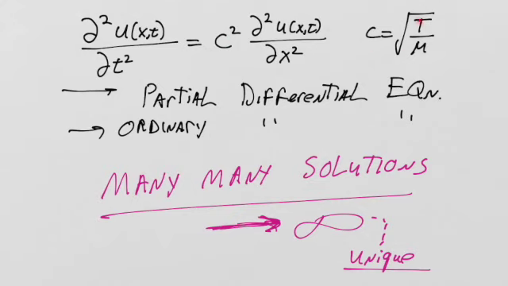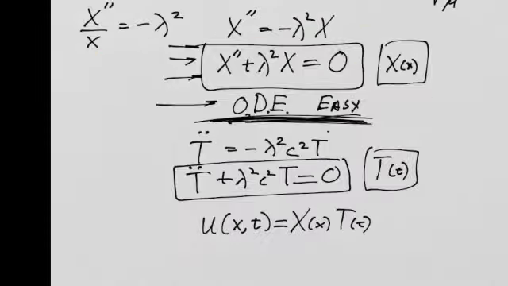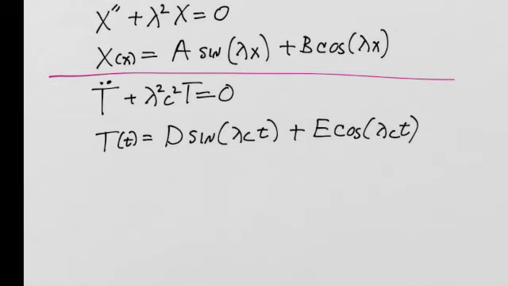I didn't need to define c as the square root of t over m and then throw a c squared here. I could just have put t over m, or just put c there. But if I had done that, then over here I would have ended up with the sine of lambda times the square root of c t, because that would have been a regular c. So to avoid all that, that's one of the reasons we define everything the way we do.